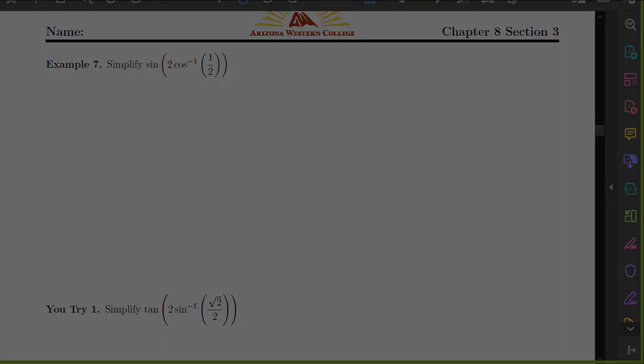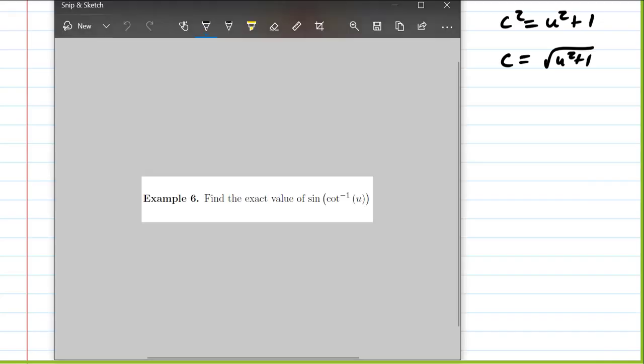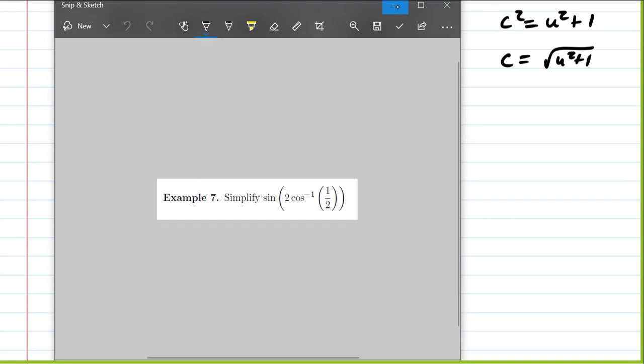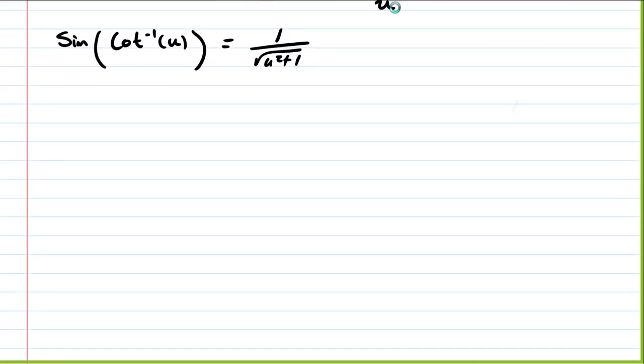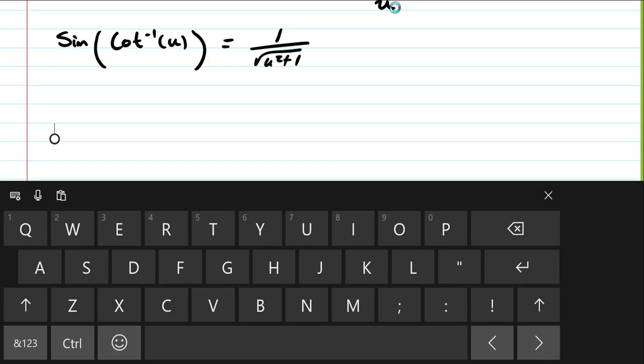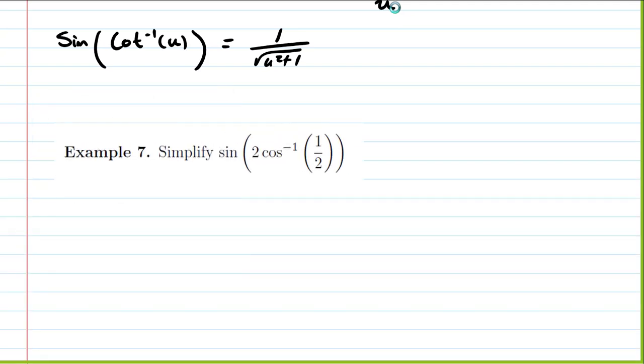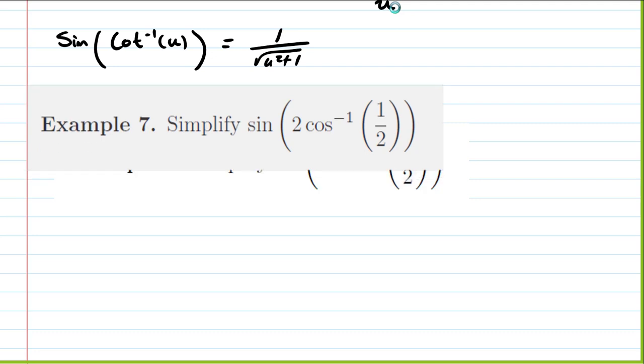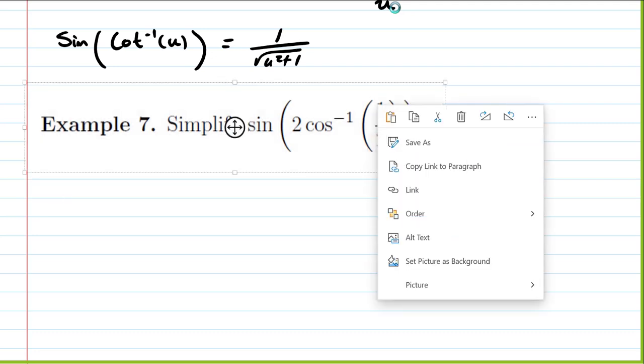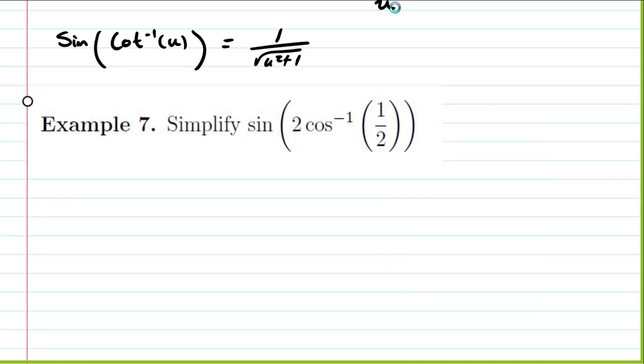All right, so let's take a look at number 7. And we're going to need to do a little comparing and contrasting here. So this one is a little bit different. So we have the sine of 2 times this.